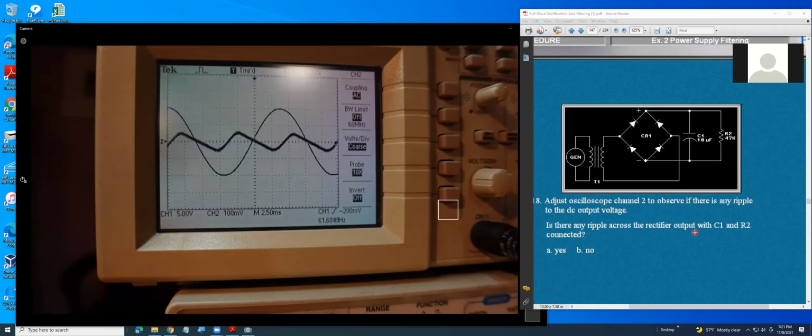So is 1 millivolt a small or large ripple? That is normal, however it depends on what they ask for. If they want 0.1 millivolt peak to peak, you have to design the ripple to be 0.1.